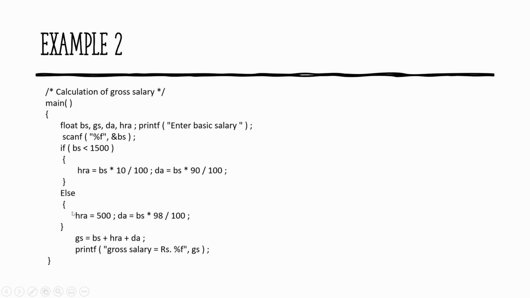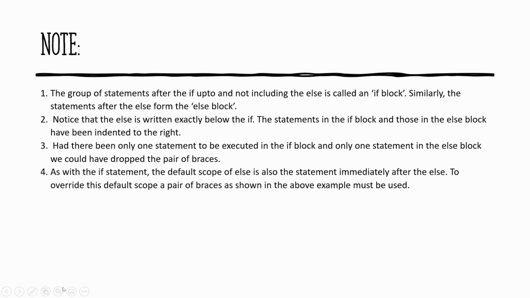Just as in Python, you would just give that statement alone, because the basic scope of if and else statements is one statement, right? So the fourth point notes that if you were to override the scope of the else statement, which is one, you would use these braces. That is what the fourth point describes. So these are the basic points.